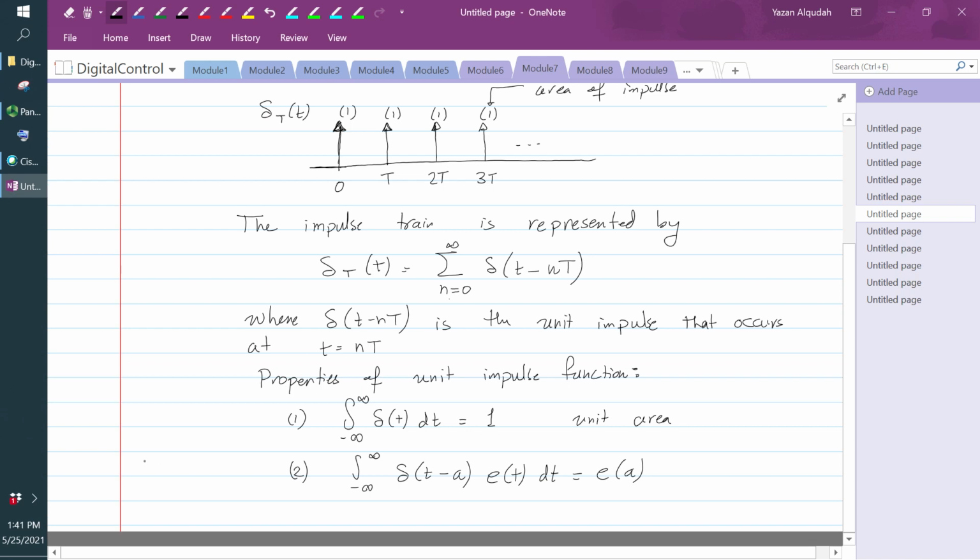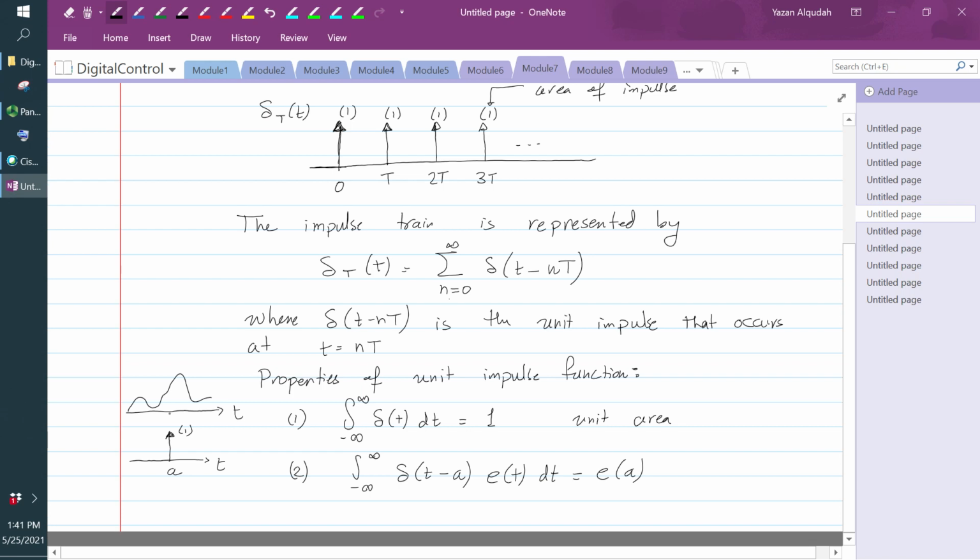So again, if I have an impulse, this impulse has an area of 1. If I multiply this impulse by any signal, so this is the time for this signal, if I multiply them together, then the area of this impulse, this point is a, because this impulse is happening at t equal to a.